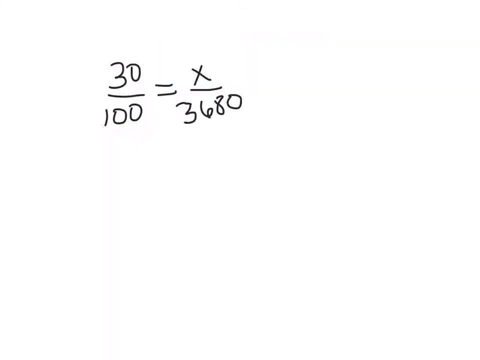So let's look at another way to solve this problem. Instead of cross multiplying, I might want to figure out how to move from one ratio to another. I might find out what I multiply 100 by to get to 3,680.